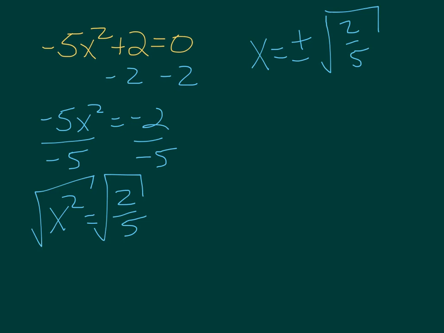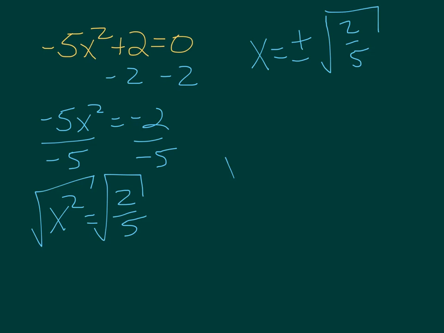Now this answer is not simplified, and there's something called rationalizing the denominator, which we're going to get into eventually. But as of right now, you can leave this answer as is. You're not really supposed to have a square root in a denominator like we do here, and in the long run you're going to want to change that.